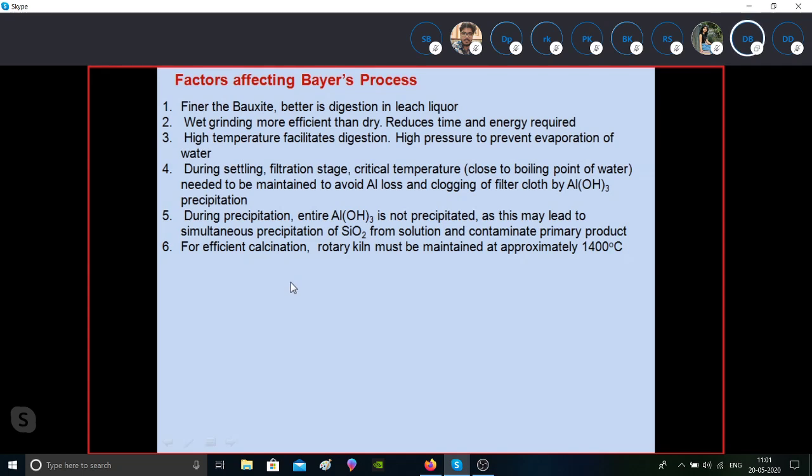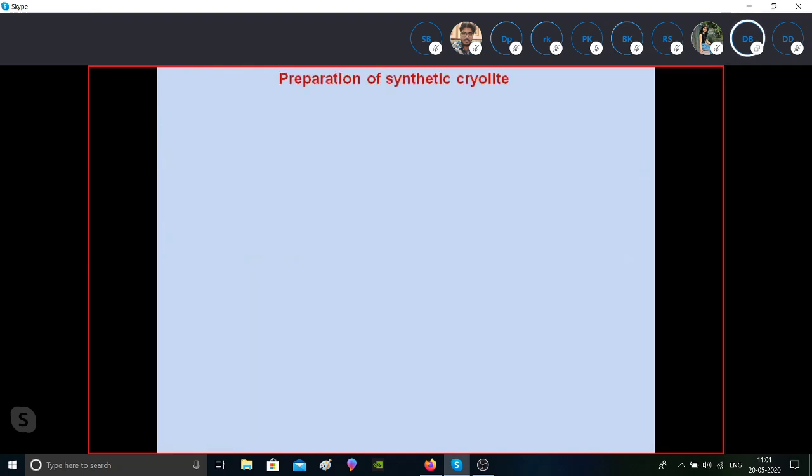Now we have my raw material in the form of pure alumina for subsequent treatment. The next treatment is how we produce cryolite, because cryolite is an integral component of the Hall-Héroult process for extraction of aluminium.